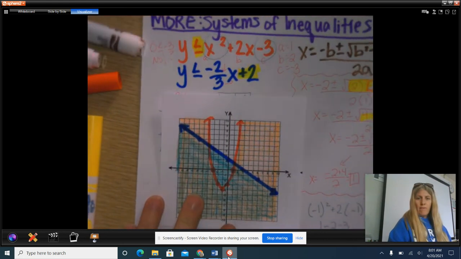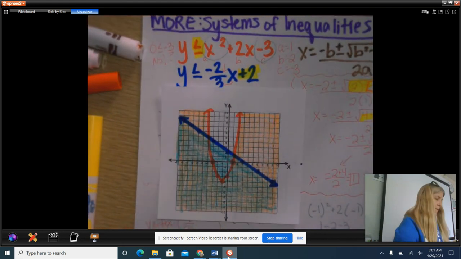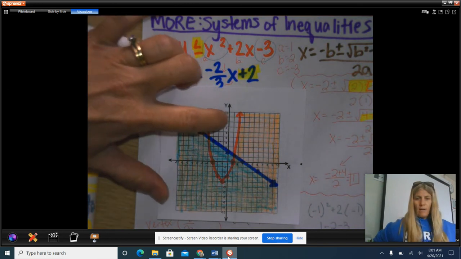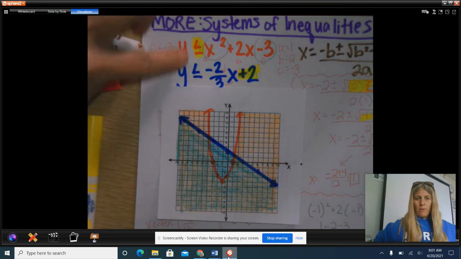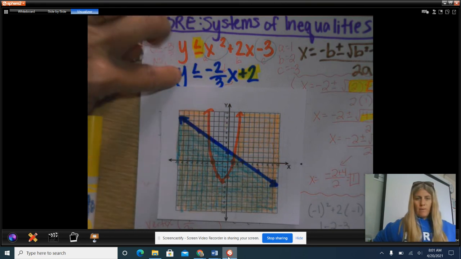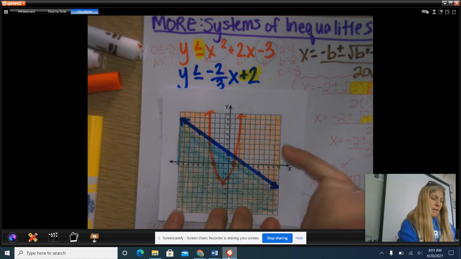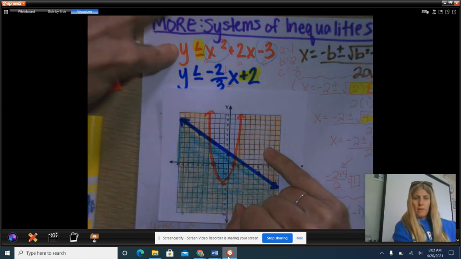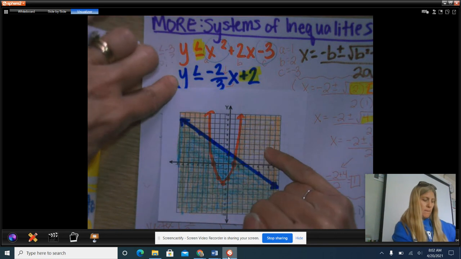Now it's time to go ahead and finish and analyze what the graph actually means. So everything that's in this white area up here, any ordered pair for x and y, is going to make both of these false. Anything that is just in the red-orange area is going to make the orange equation true only, and it's going to make the blue false.